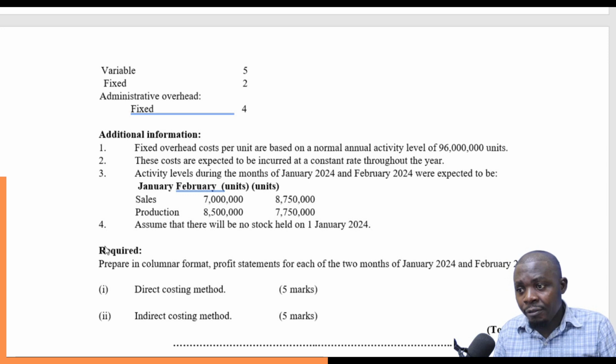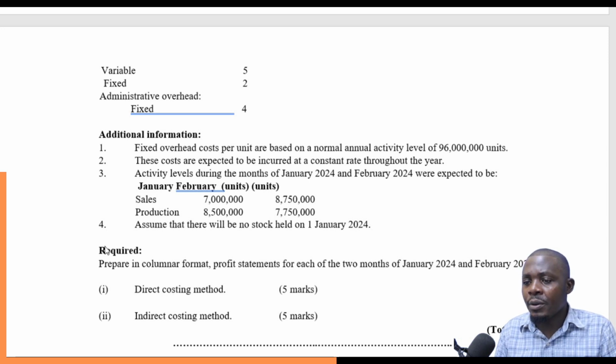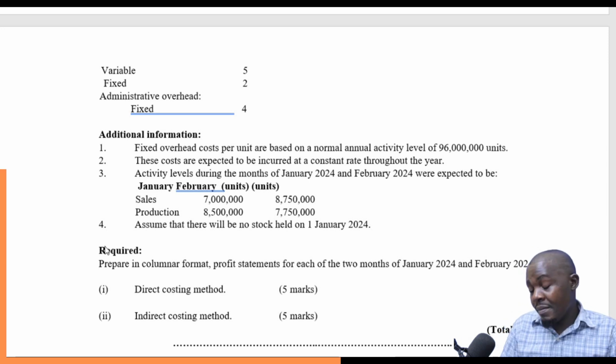Prepare in columnar format profit statements for each of the 2 months of January 2024 and February 2024 using Roman 1 direct costing method, then Roman 2 indirect costing method.